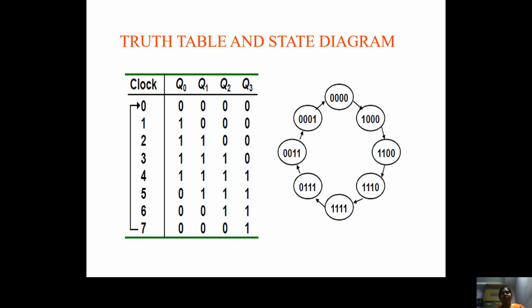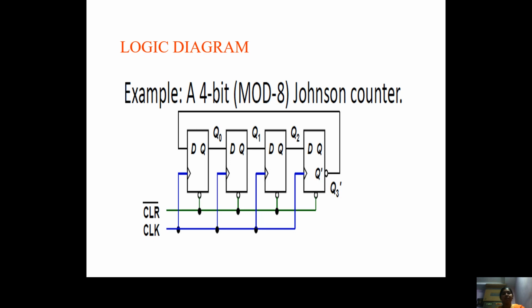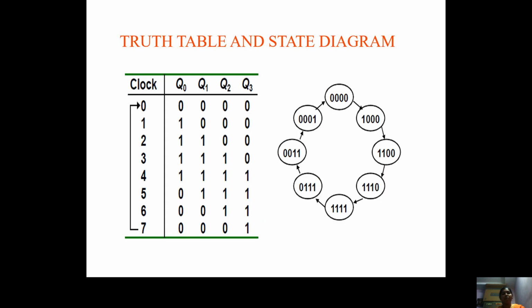Now the state of Q0 is going to change. Why? Since Q3 is 1 now, Q3 bar, which is applied as the input to the first flip-flop, is 0.